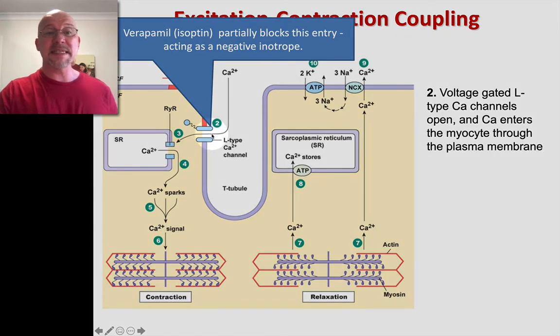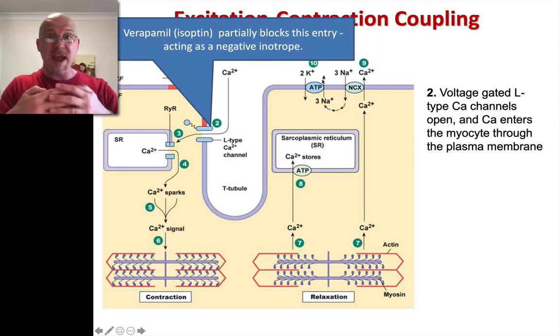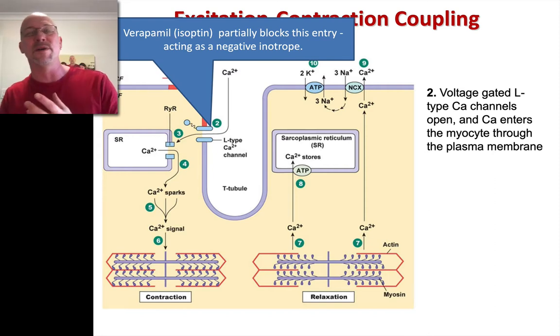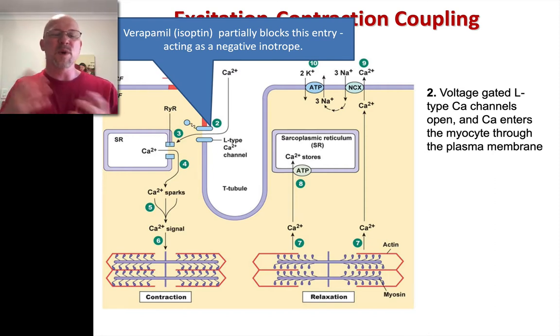Now, since this is the beginning of this whole series of things which makes the heart contract, you can imagine that if we give someone a more cardioselective calcium channel blocker like verapamil, which works more in the heart than the blood vessels, you're going to slow down or decrease the amount of squeeze. You're going to have the calcium channel blocker working as a negative inotrope. So the heart can't squeeze as strongly.